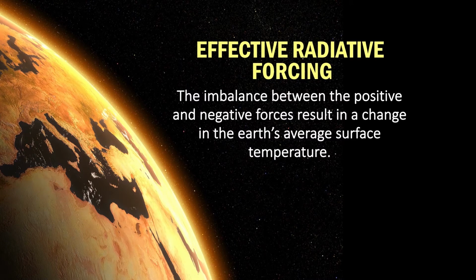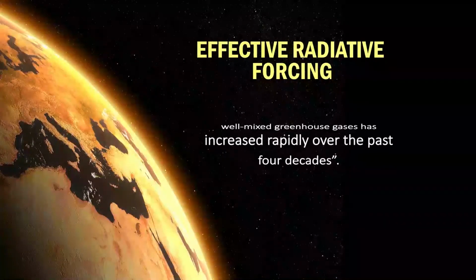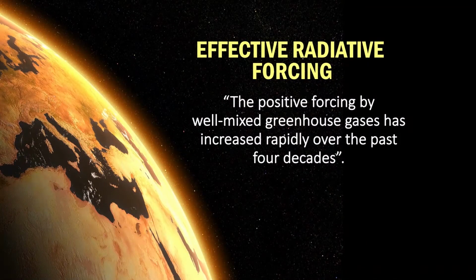It is reported that the net natural forcing, which includes the solar plus the stratospheric aerosols from volcanic eruptions, has been negative over the past 2 to 3 decades. On the other hand, the positive forcing by well mixed greenhouse gases has increased rapidly over the past 4 decades.